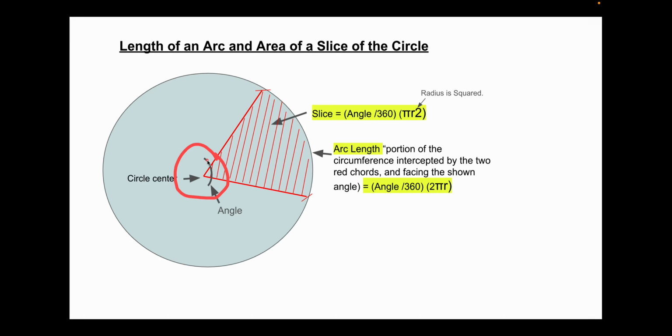So if I want only this portion here, it would be the angle, whatever the angle is, divided by 360, which gives me only this portion, times the formula for the area of a circle, which is pi r squared. And this would give me the area of this slice.